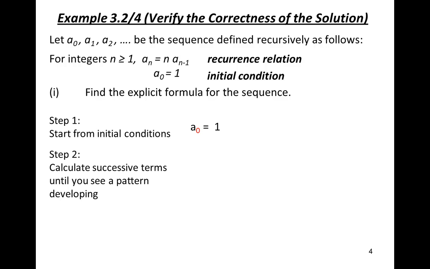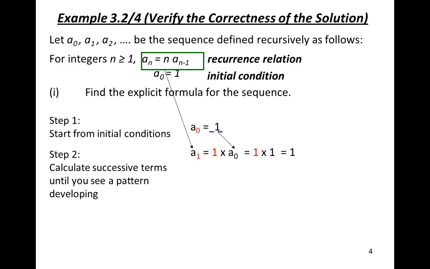To calculate the successive terms, use the recurrence relation given above. So a1 would be equal to 1 times a0. But a0 can be substituted with the previous term, which is equal to 1. So a1 is equal to 1 times 1, which is equal to 1.